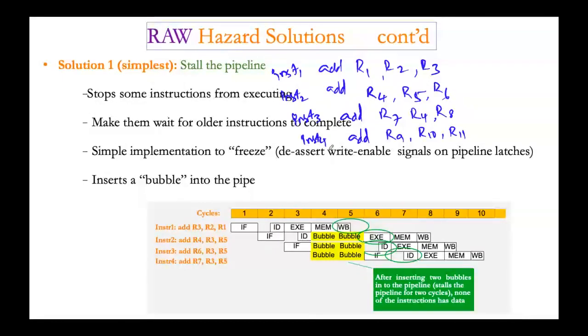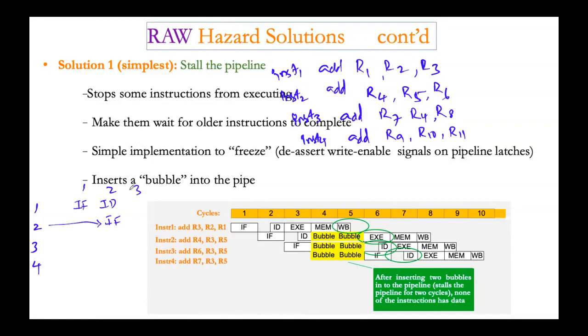So let us see this. I'll write instructions 1, 2, 3, and 4 against the cycles. In the first cycle, your first instruction will get into instruction fetching, and in the second cycle, your first instruction will be in instruction decoding, and your second instruction will be in instruction fetching.